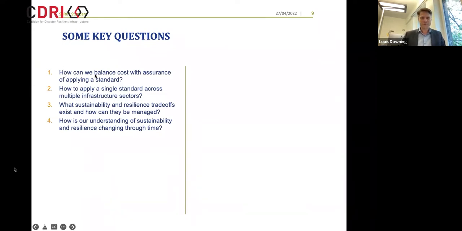First one, how can we balance the cost of applying the standard with assurance that the standard is appropriately applied? So that's a really key question to any standard or label.